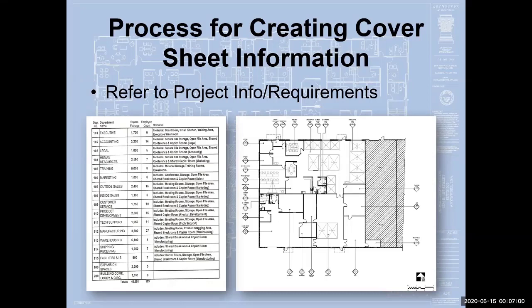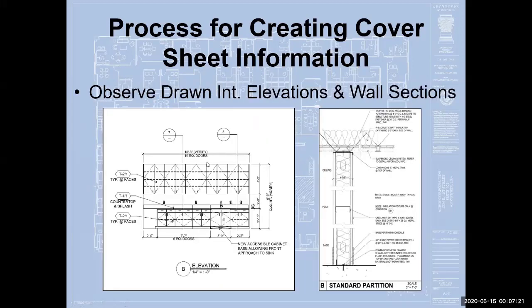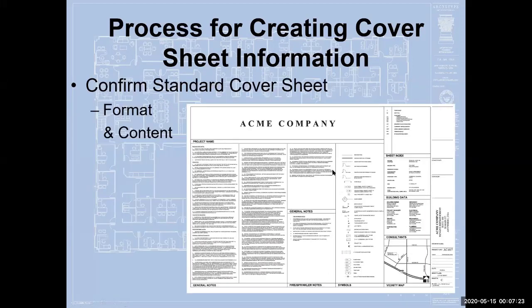It shouldn't be any sort of surprise to you that we start early in the process. We start with the program, we start with the schematics to make sure that we understand all the project requirements going into the production process. That includes what may happen at an 1/8 inch, what happens at a 1/4 inch, what happens at the cabinetry, what happens with the wall types, and we try to get those into that standardized formula that we call the cover sheet.